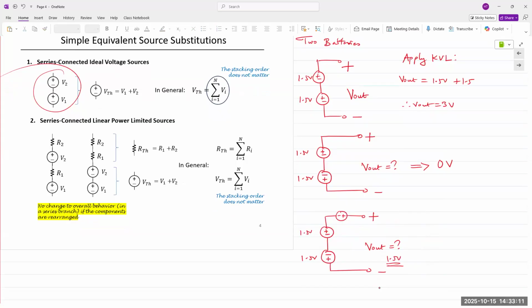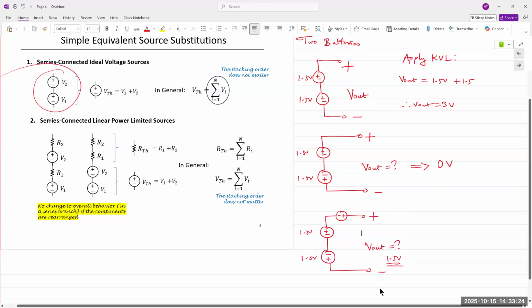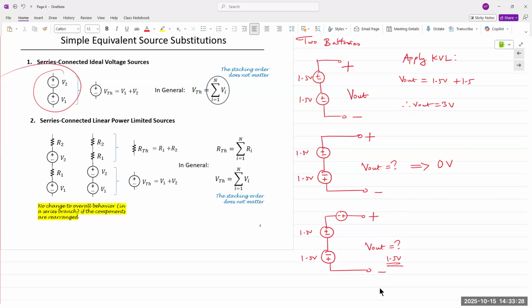Because if you apply KVL around the loop, 2 voltages are added up and 1 is subtracted. Especially given this polarity, right? If you apply KVL and you measure V out with plus at the top and minus at the bottom, the 1.5 plus 1.5 and then minus 1.5. So that gives us 1.5 as measured with this polarity.